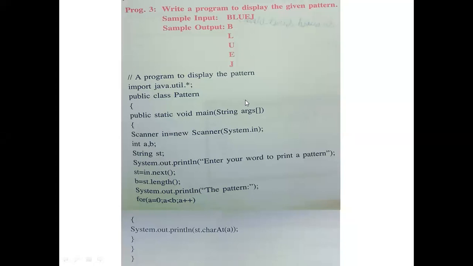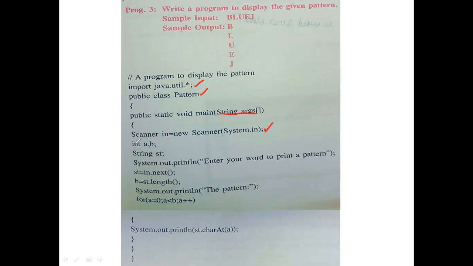We need to accept a string and print the characters one by one. If you observe this program, the common lines are the class name, public static void main, and declaring a string with a scanner object, all with opening curly brackets.